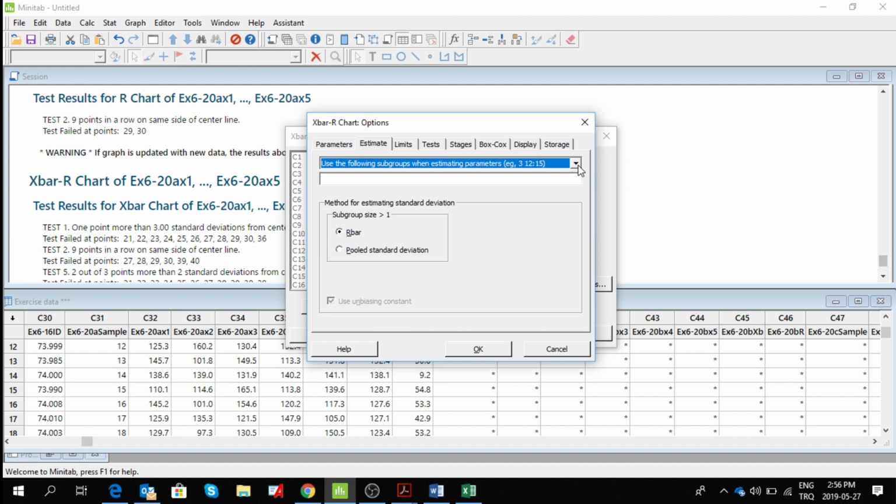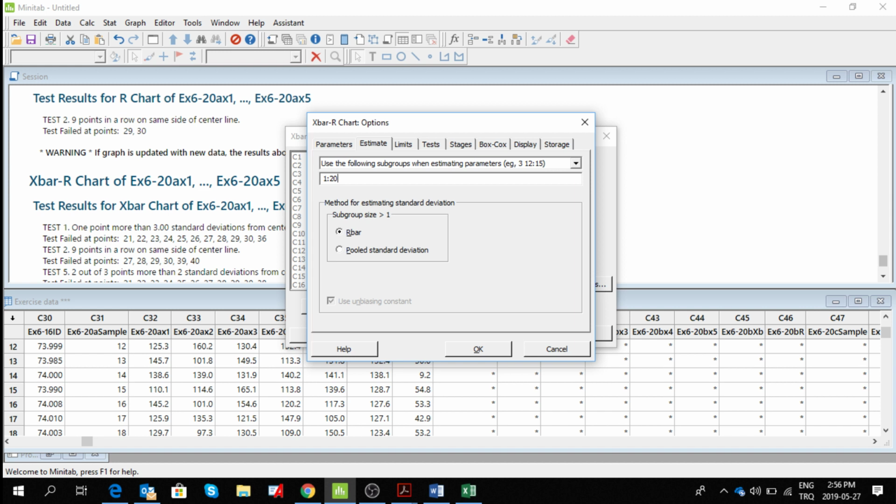There are two options here. Omit the following subgroups when estimating, no, because everything is in control, no omitting, but use the following subgroups when estimating parameters. So I'm going to consider only the first 20.